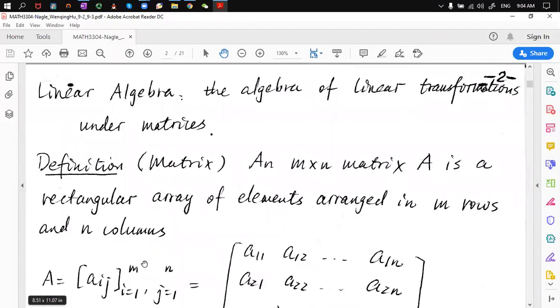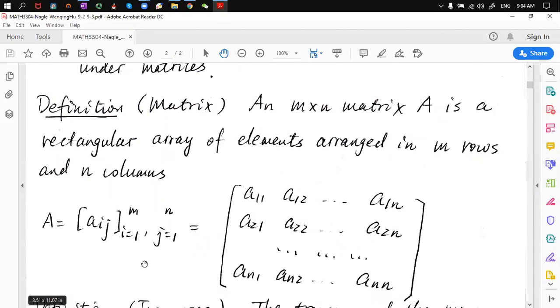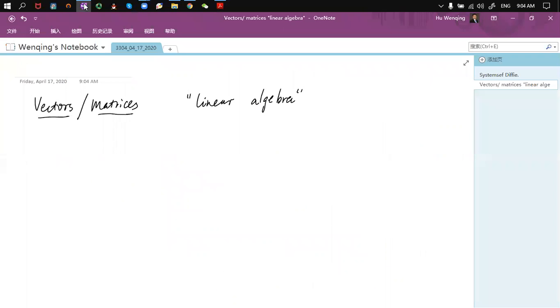Well, linear algebra consists of, first of all, matrices. I would like to emphasize that within your class, most of the linear algebra I'm going to test you on is about either 2 by 2 matrices or two-dimensional vectors, or 3 by 3 matrices or three-dimensional vectors.